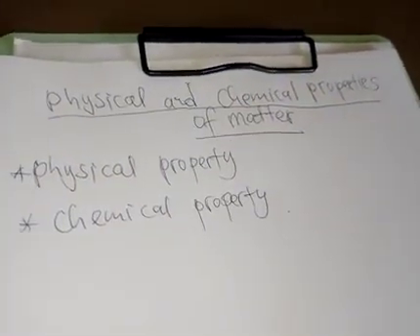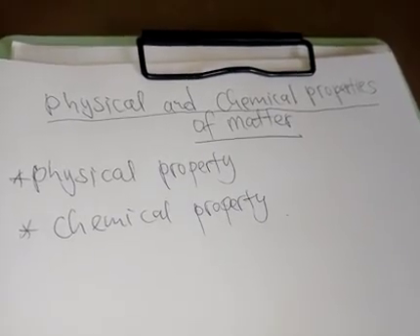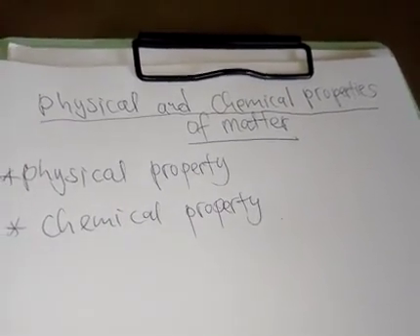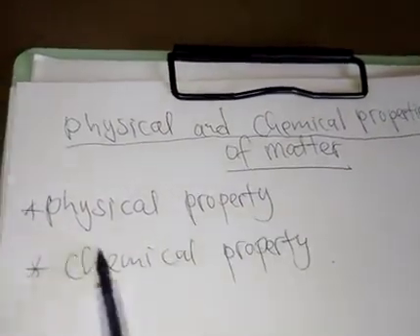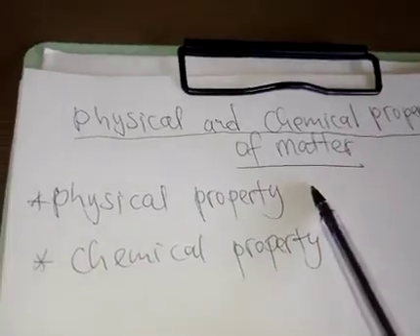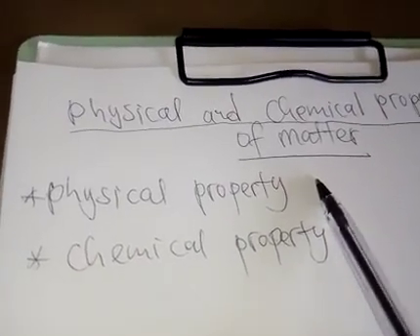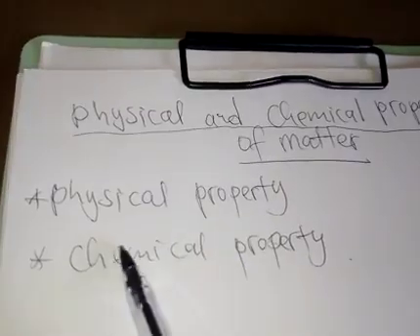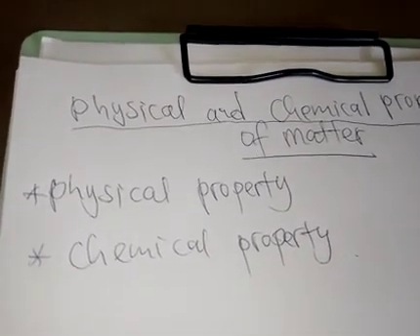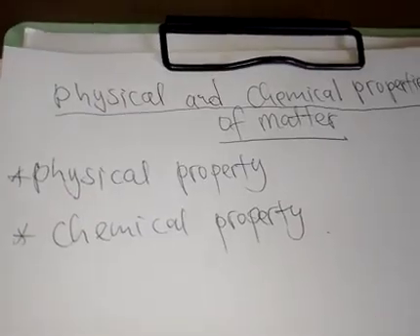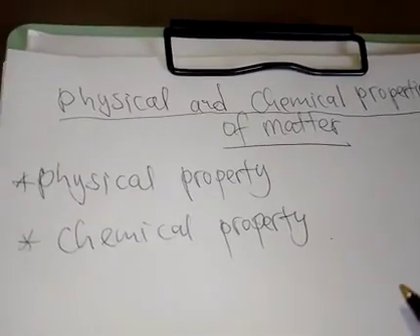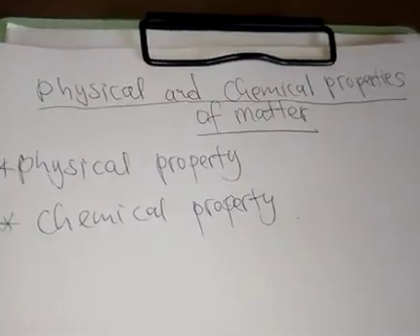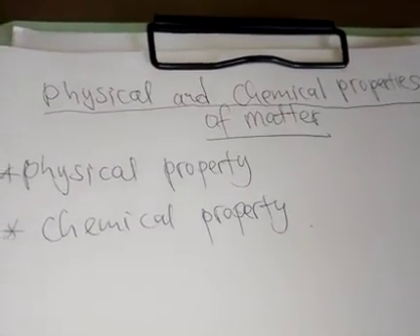A physical property of matter is one that is measured and observed without changing the composition of a substance. For example, boiling of water, melting. We know that water can change its states: solid, liquid, and gaseous.